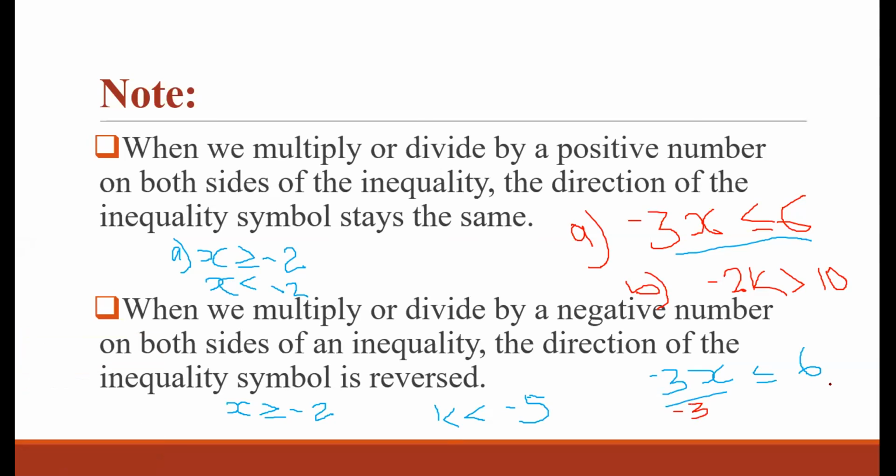And this is where this point comes in. When we multiply or divide a negative number on both sides, now this is a negative number, we are dividing it on both sides. It's what this point means.